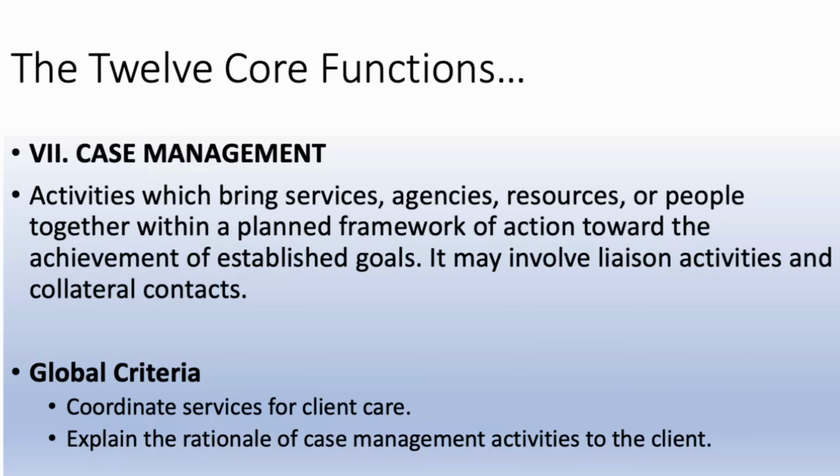It may also involve liaison activities and collateral contacts. The global criteria on this, thankfully, in terms of memorizing, there's only two. One, coordinate services for client care, and, as usual, explain the rationale of case management activities to the client.